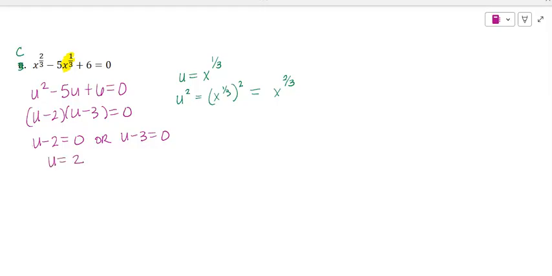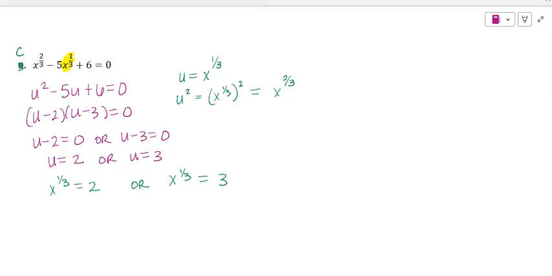u is equal to 2, or u is equal to 3. Let's go back and substitute in our original variable. So that was x to the 1/3 is equal to 2, or x to the 1/3 is equal to 3.